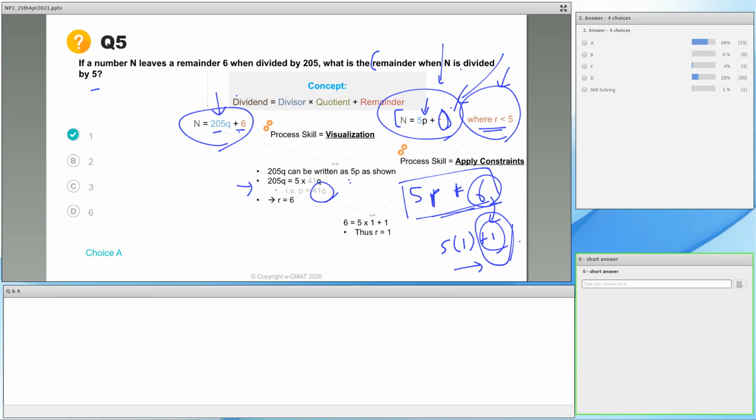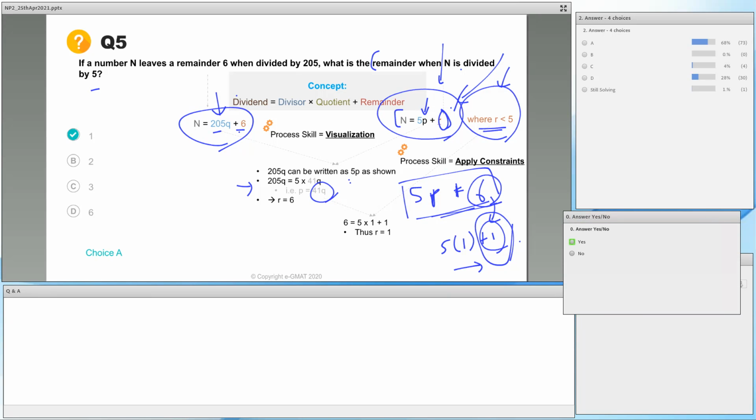Those of you who went wrong in this, some level of clarity coming through on why 1 is the correct answer and 6 is not the correct answer. This constraint is very, very important. If you're not focused on this, you will go wrong here.